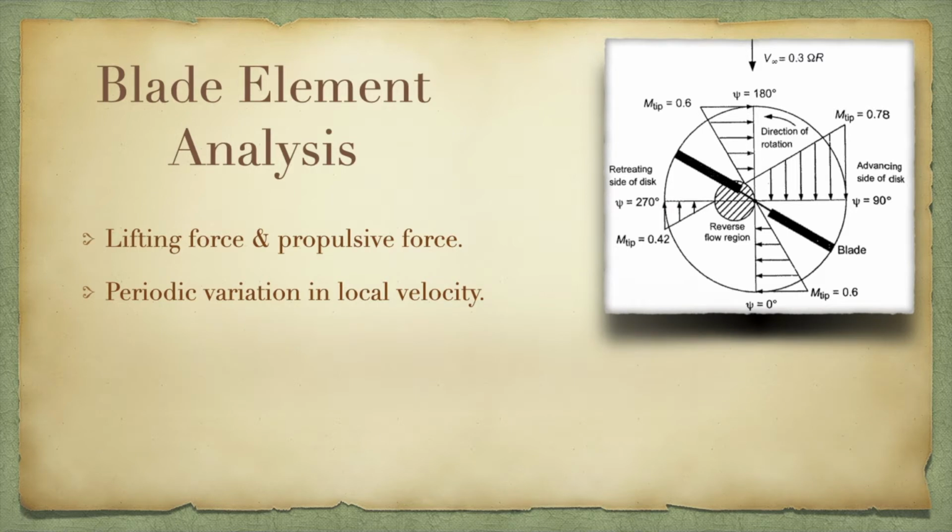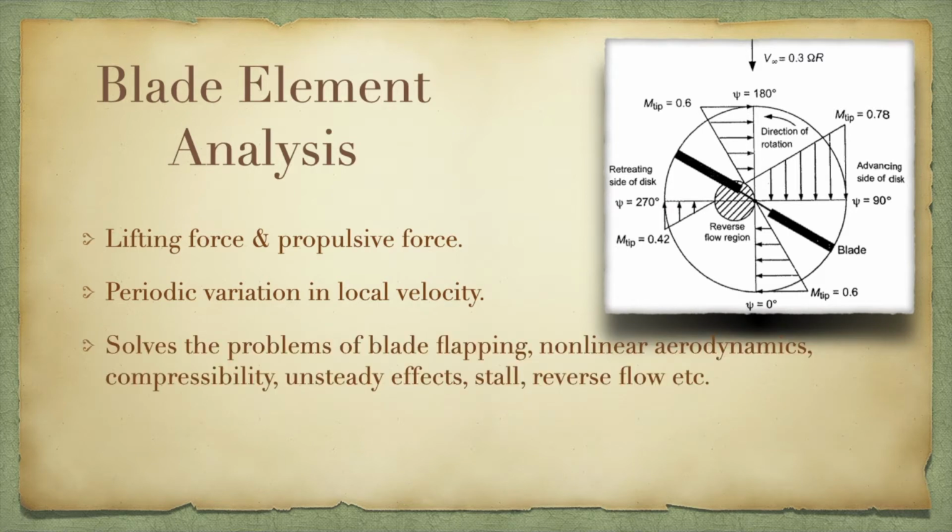These complications include the effect of blade flapping, then compressibility effects, a lot of unsteady effects, non-linear aerodynamics, possibility of a little stall, then reverse flow, and complex induced velocity from the rotor wake, and the list goes on.